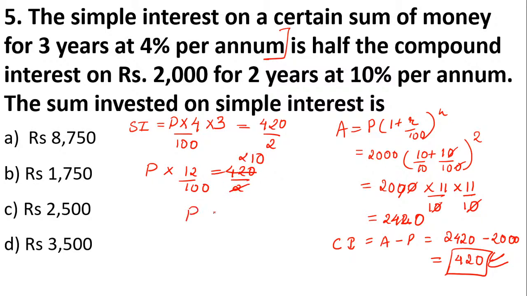Okay. So principal is how much? 210 into 100 upon 12. So how much is the principal? It is 1750. Okay. Got it? How did we get 1750? I can also show you over here.